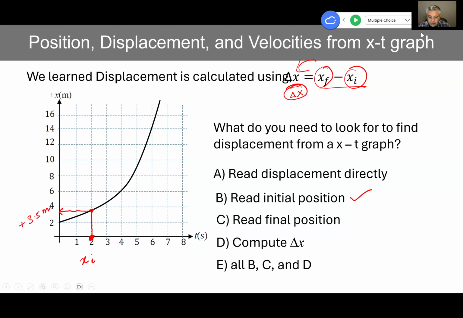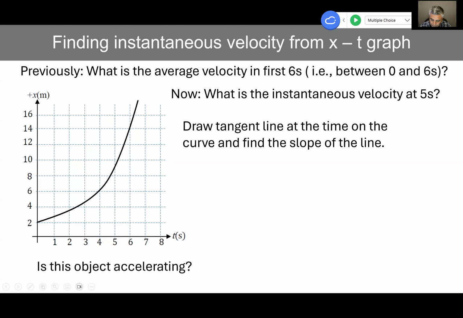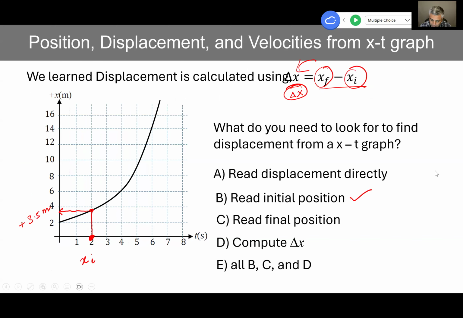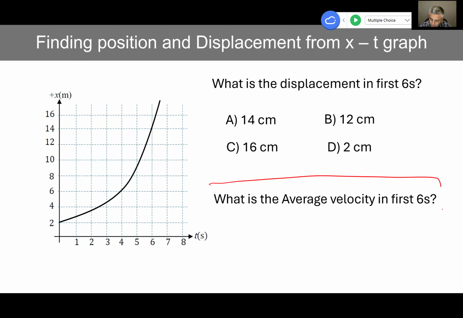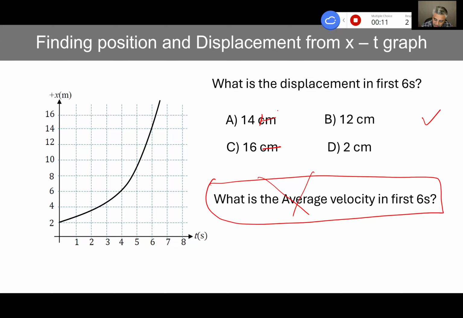Okay. So now moving on, I have another question for you. So let's actually go ahead and find the displacement. Ignore this one for now. Okay, this one. Oh, what happened? This is supposed to be meters. My bad. These are meters, okay?